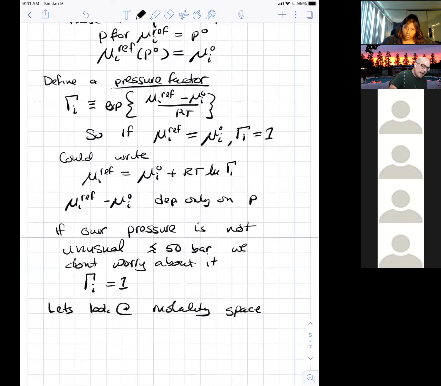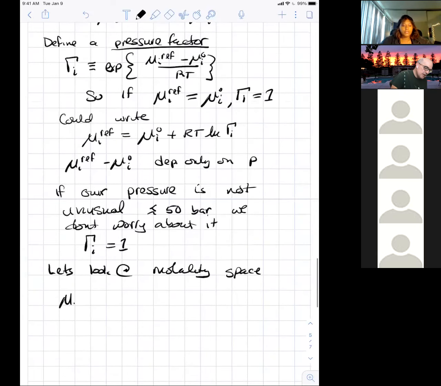let's look at the molality space for chemical potential. I have to say I'm not exactly sure. Well, I'm a little bit sure. If you look at this, it's not going to be exactly clear why, after spending so much time through most of chapter 9 using the mole fraction space, we use mole fraction for our activities, activity coefficients, concentrations, and so on.